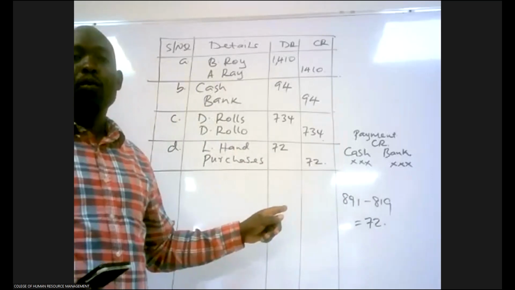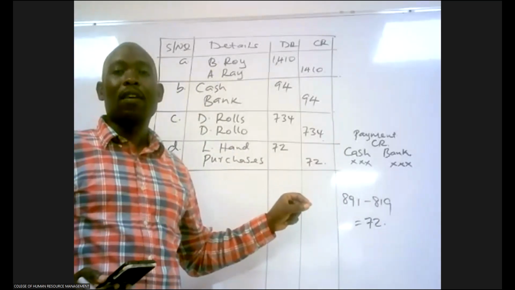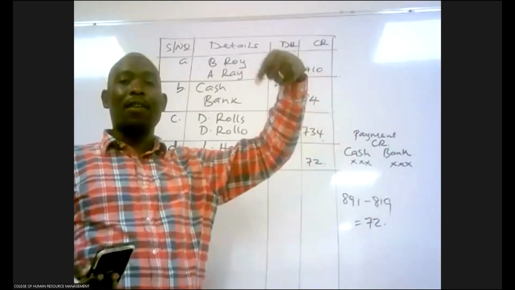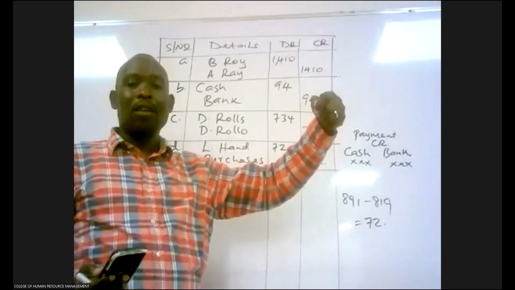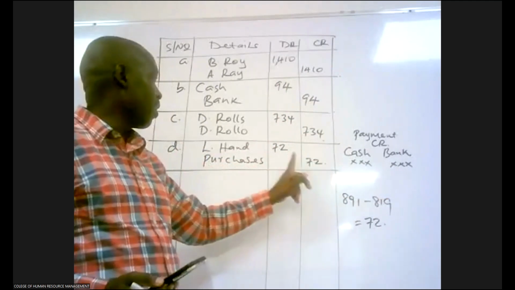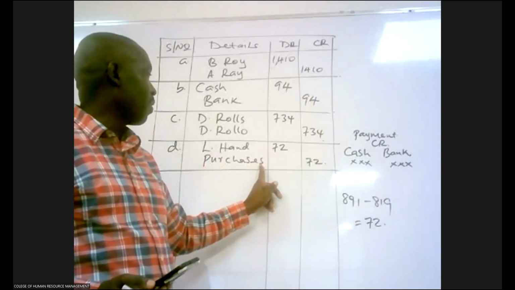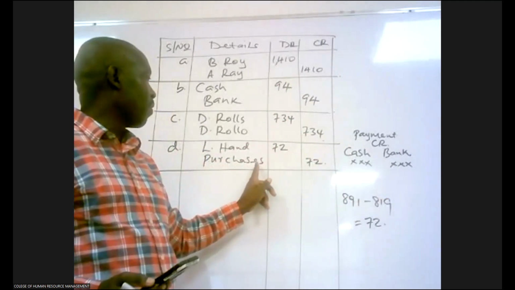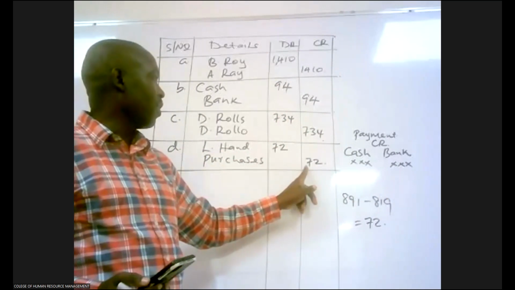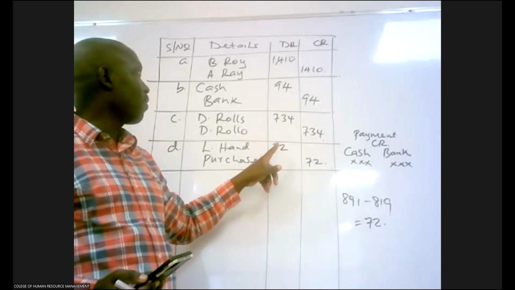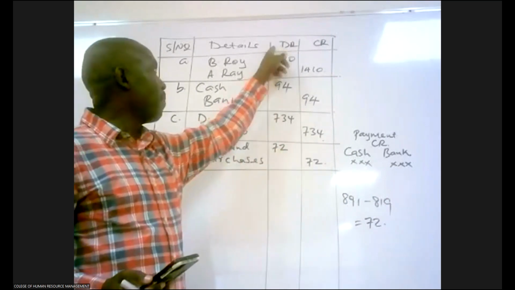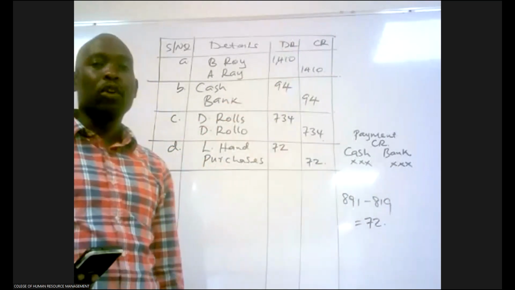That is how this error will be corrected. This is an overcast. In an overcast, you reverse the difference. That's why we have reversed this in purchases, because purchases was debited 72 extra. We reverse 72 by crediting. This one was credited by 72 extra. We reverse the 72 by debiting. That error is sorted out.